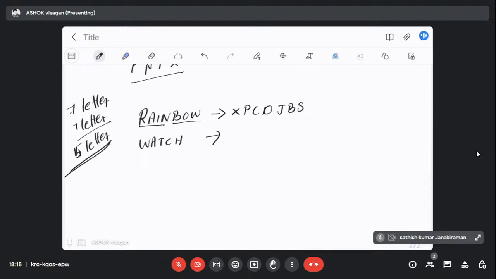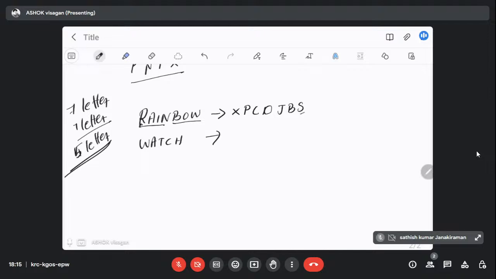Because if the number of letters is mismatching, there are only two possible patterns. One is first letter is connected with the first letter, second letter with the second letter, and so on. Or else, first letter is connected with the last letter and second letter is connected with the pre-last letter, and so on.